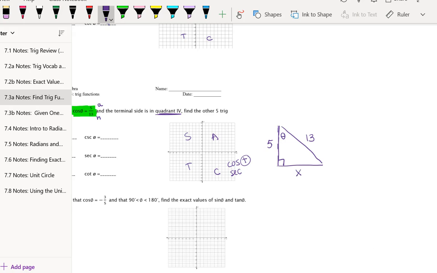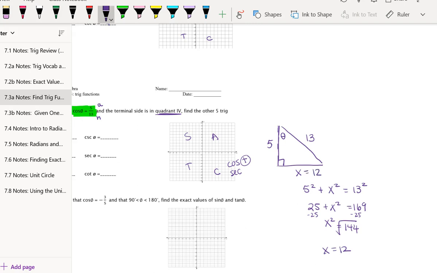So 5 over 13, let's do 5 squared plus x squared equals 13 squared. So it's 25 plus x squared equals 169. If I subtract the 25, I get x squared is 144, and if I take the square root, x equals 12. So this value is positive 12.